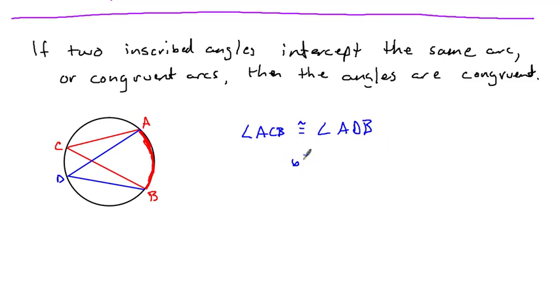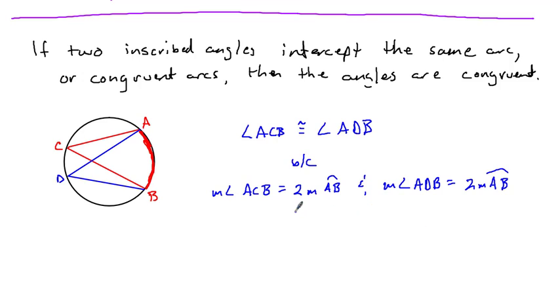Hopefully that makes sense to you, because the measure of angle ACB equals 2 times the measure of arc AB, and the measure of angle ADB equals 2 times the measure of arc AB.